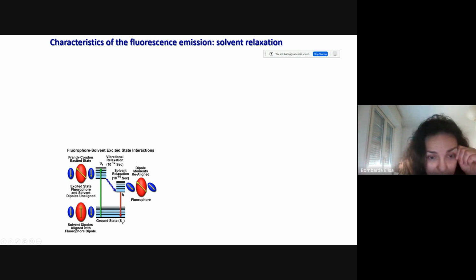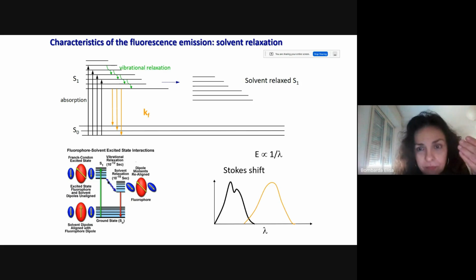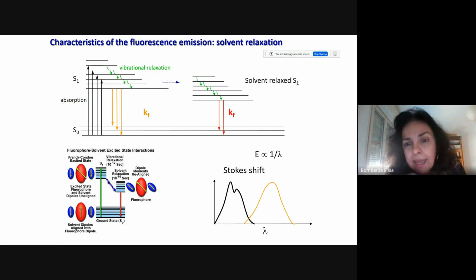Of course it is relaxing, the energy is decreasing, and so fluorescence is occurring at a lower energy. Voila, that is the solvent relaxation, and it means higher wavelength.